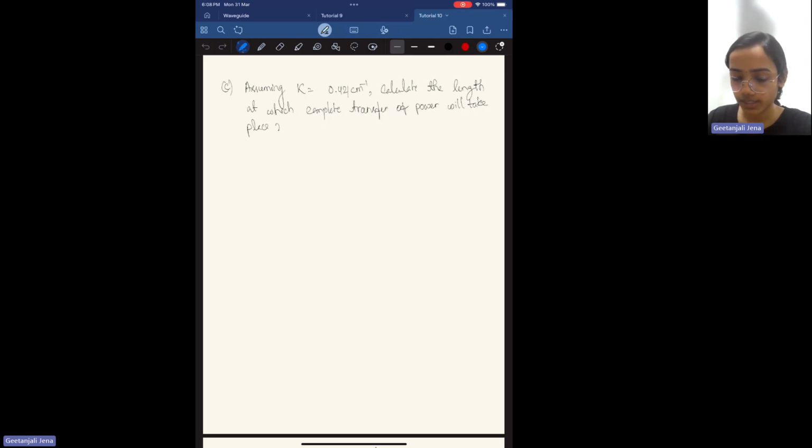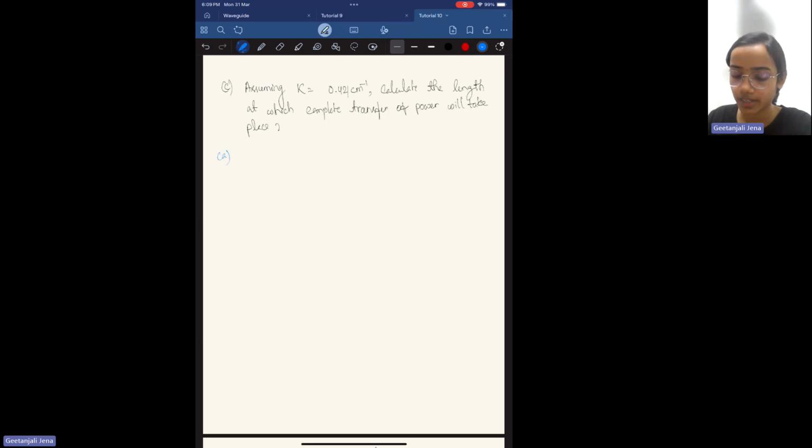We'll solve all those problems. Let us quickly see up to which part we have solved. Question number 9 has three parts, and we have already solved part A and part B. To give a brief overview, in part A the question is based on a planar waveguide.